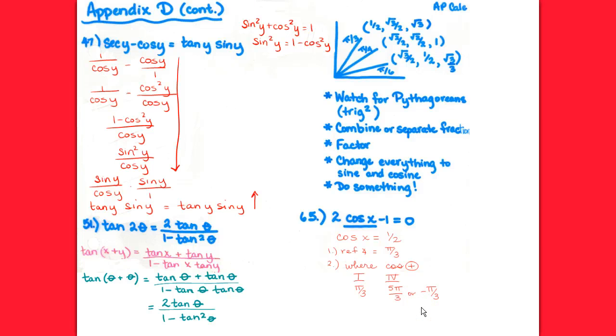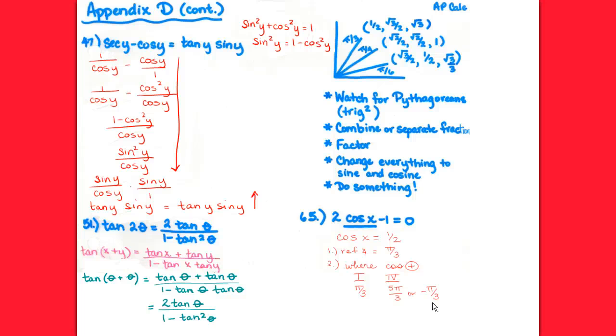Per our directions here, it said give answers between 0 and 2 pi. So this one is between 0 and 2 pi. This one is not. So I would want to write it as 5 pi over 3. But if your directions changed, and they asked you to give answers in a different region that included negative values, just a reminder that negative pi over 3 is the same thing there.